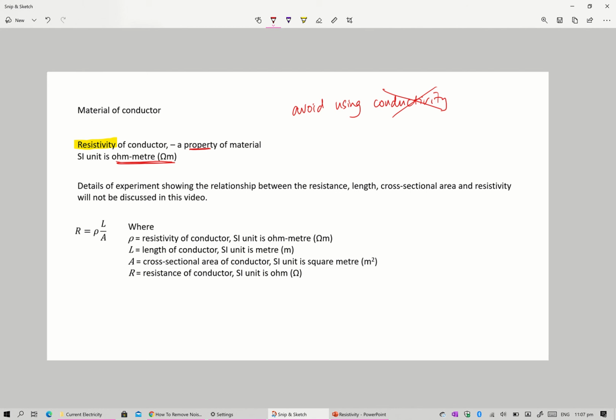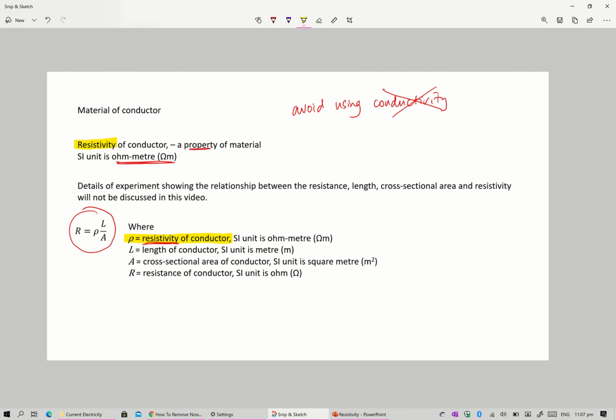For now, we'll just introduce to you the formula R equals rho L over A, where rho refers to the resistivity of the conductor. You should be familiar with this symbol rho because back in mass, weight and density, you were familiar with this symbol.